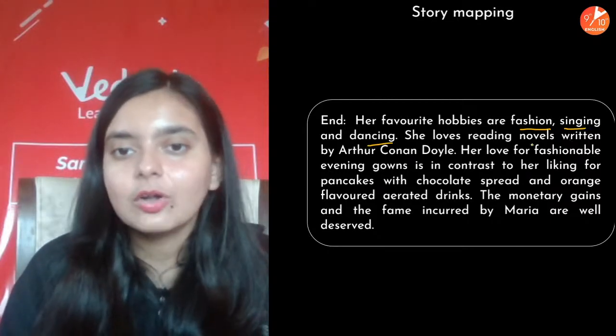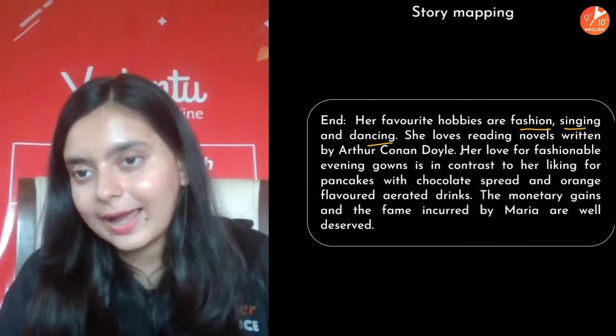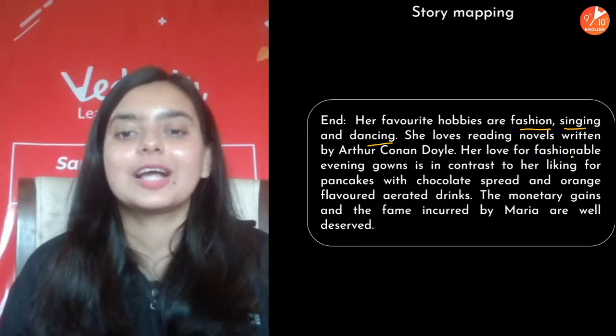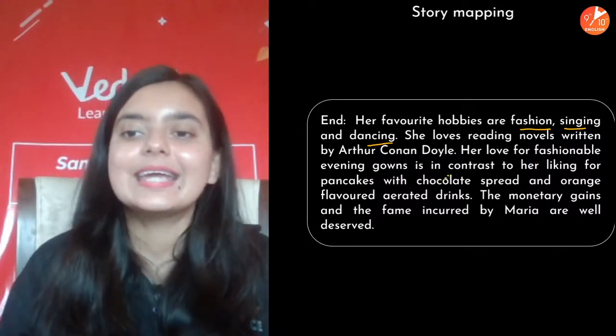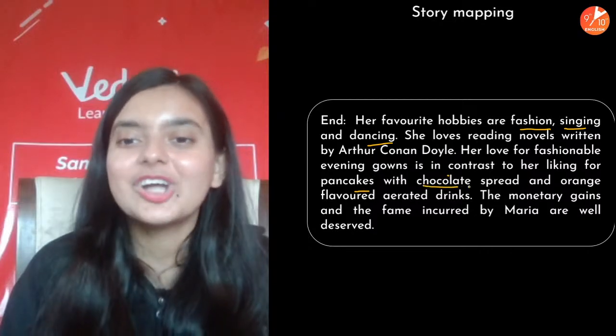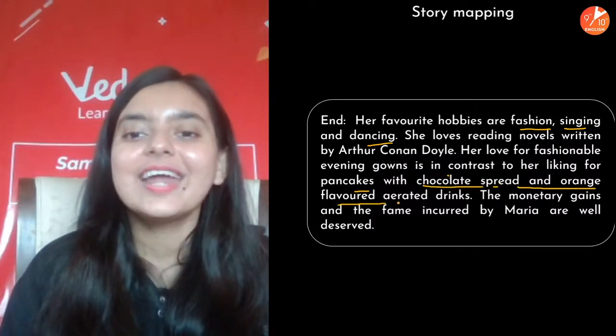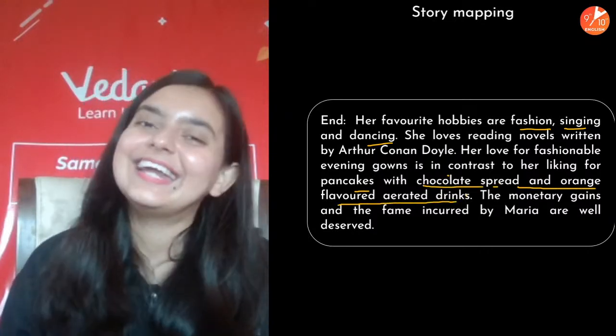She loves reading novels by Arthur Conan Doyle. Also, her love for fashionable evening gowns is in quite contrast to her liking for pancakes with chocolate spread and orange flavored aerated drinks.